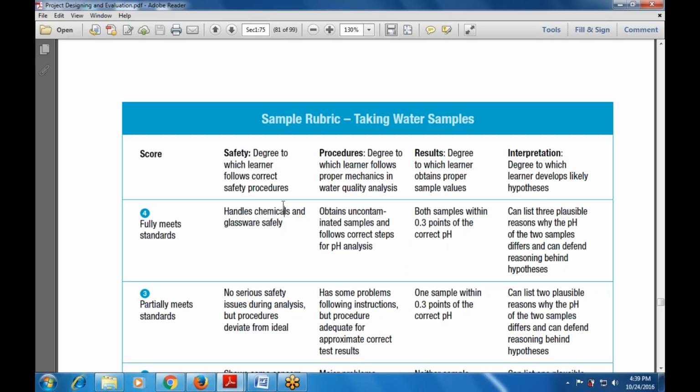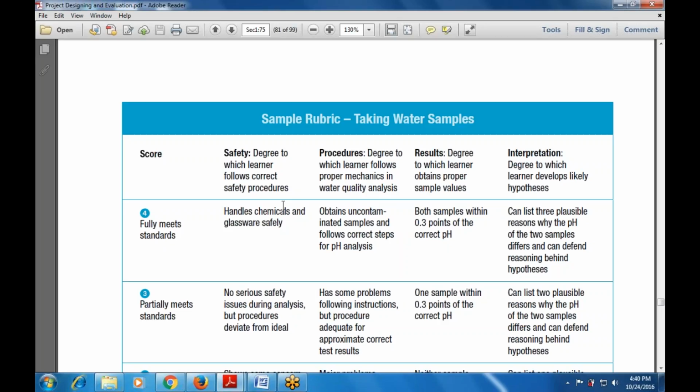Result means what output we obtain, the proper sample values that are obtained. Interpretation is the degree to which the learner develops a likely hypothesis, using the content for the interpretation. That is the score.